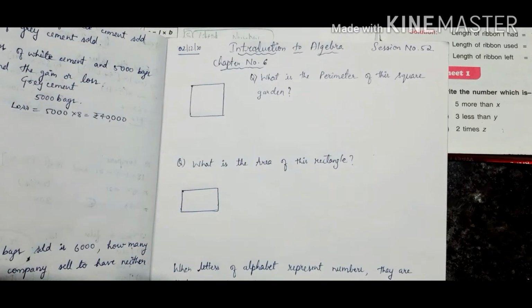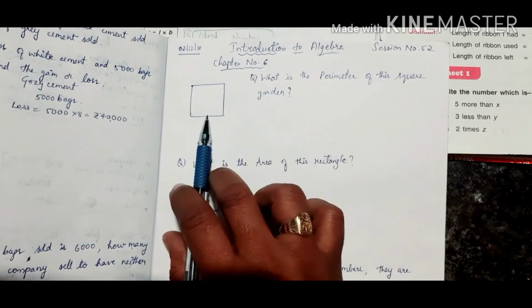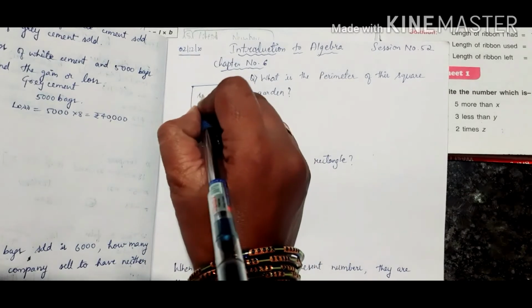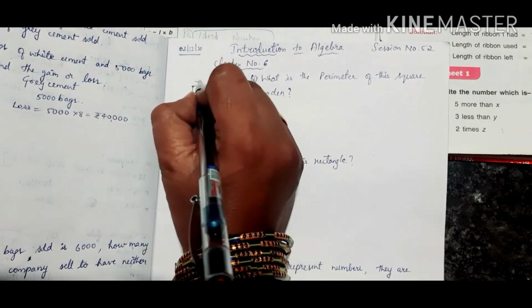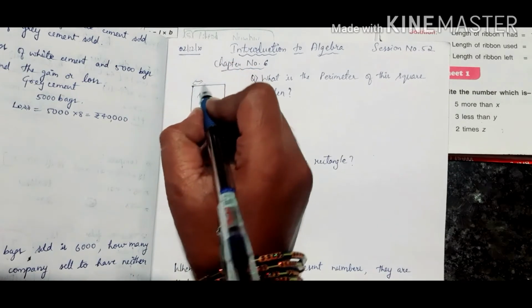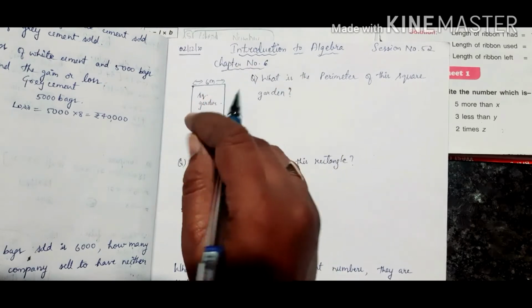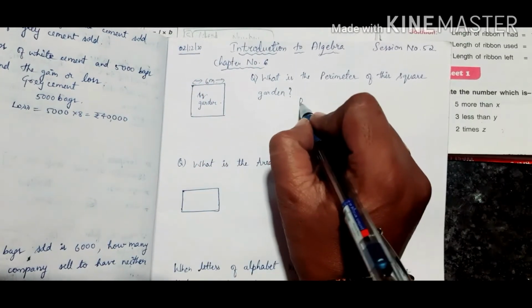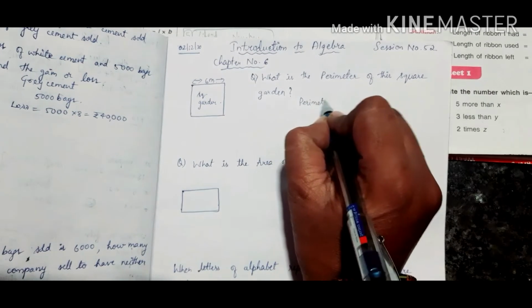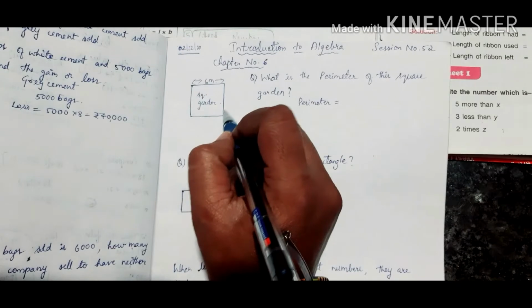Children, to begin with, let us find the perimeter of this square garden. Here is a square garden and one side of the square garden, let it be 6 meters. To find the perimeter, we add all the four sides.